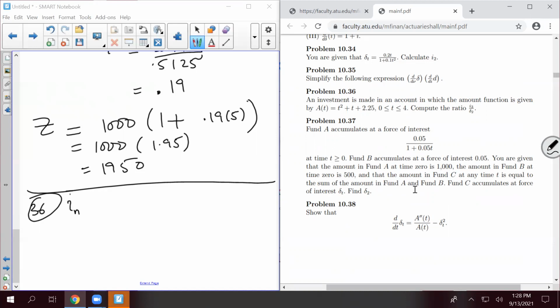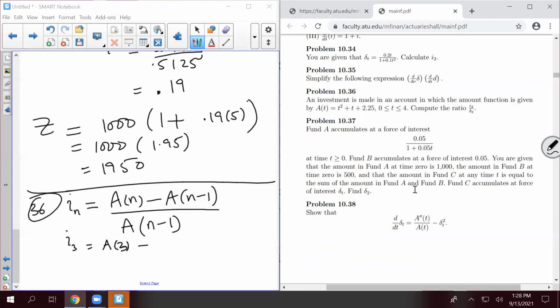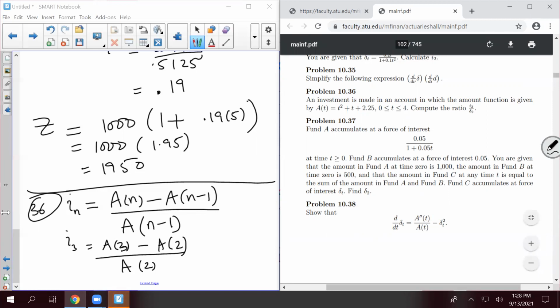Do you recall this formula for I_n? It is A_n minus A_{n-1} over A_{n-1}. So I3 will be A3 minus A2 over A2. Good.